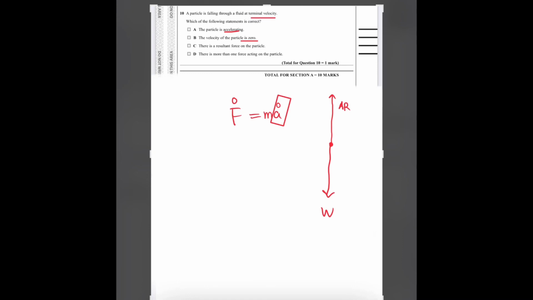Option C says there is a resultant force on the particle. There is no resultant force, since the vector sum of all the forces will be equal to zero, so the resultant force will be zero. So the answer would be option D. Option D says there is more than one force acting on the particle.